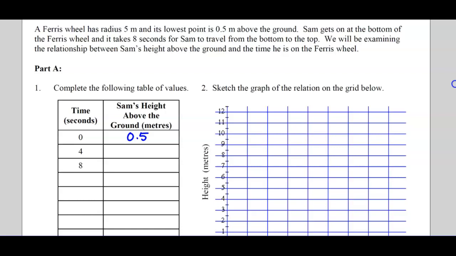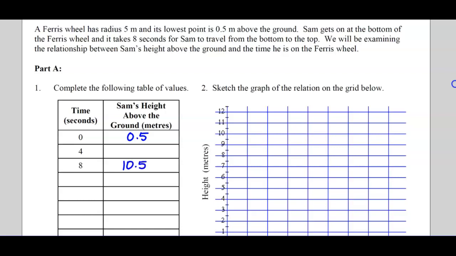So it takes 8 seconds for him to travel from the bottom to the top. We're going to go straight to 8 here. How high will he be above ground when he's at the top? Check again. The radius is 5, so 10.5. Add the diameter.